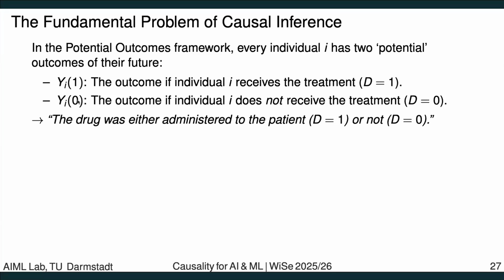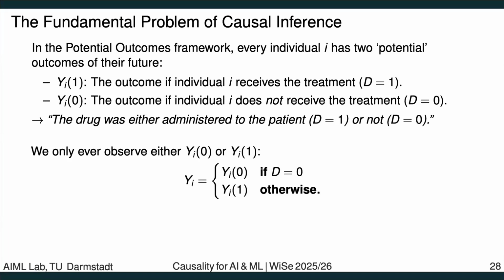Or maybe if I didn't give the drug, the patient became healthy anyway. And the question now is, from all of those observations of individual units, how do I generalize, and under which conditions can I generalize? Basically that's the thing here in our data. We only see one of those, either the treated or non-treated one.